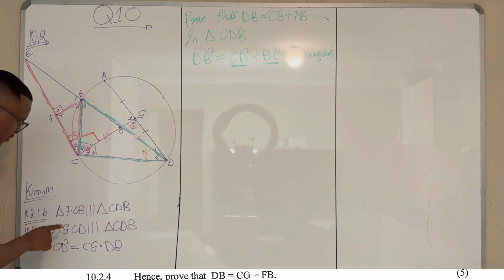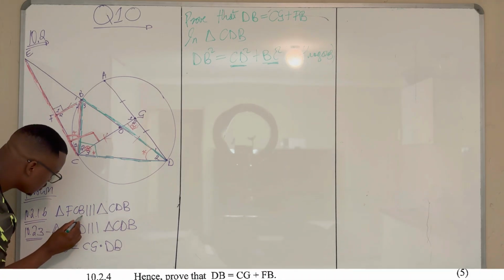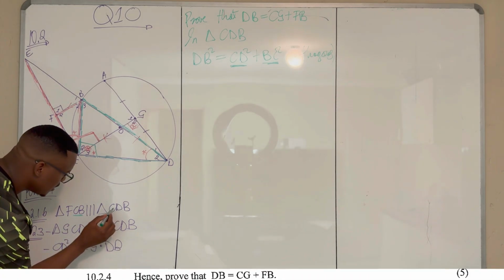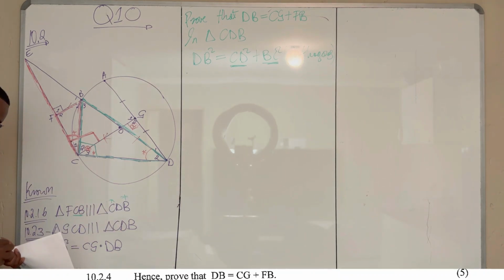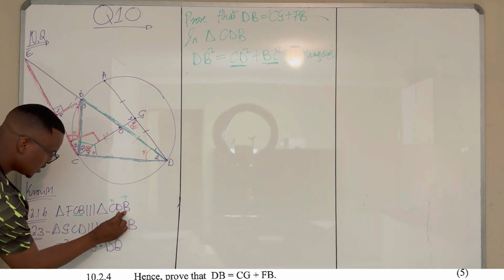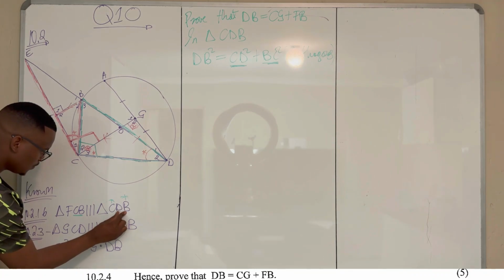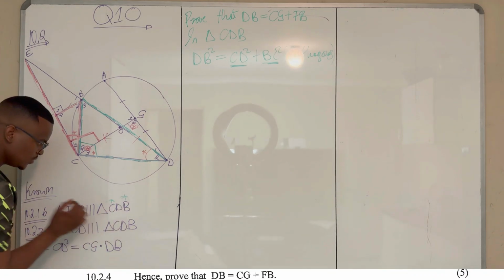The square of BC, you can find from what you proved in 10.2.1, because you can see that your BC appears twice over there. If you say this part over this part is equal to that part over that part, your CB will appear twice.